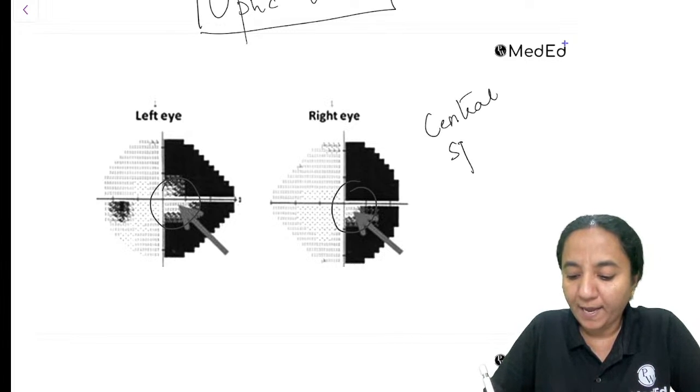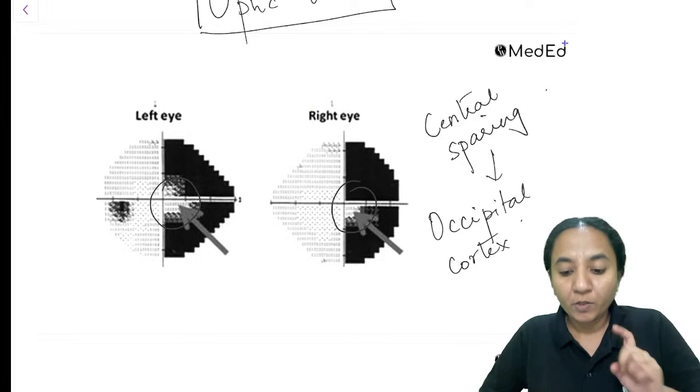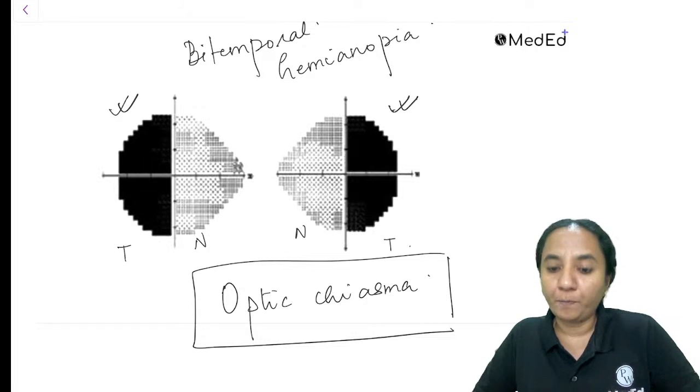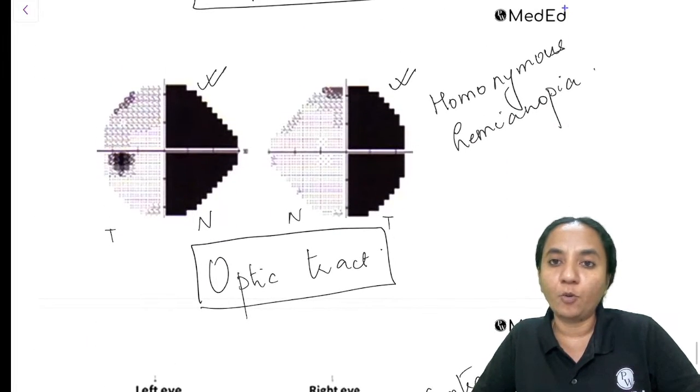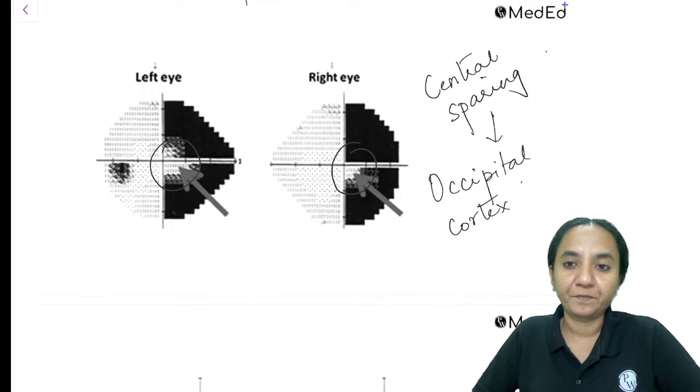Homonymous hemianopia with central sparing or macular sparing. So where do we get this? This is seen if there is a lesion in the occipital cortex. So look at these three images. Bitemporal hemianopia, optic chiasma; homonymous hemianopia, optic tract; central sparing, occipital cortex.